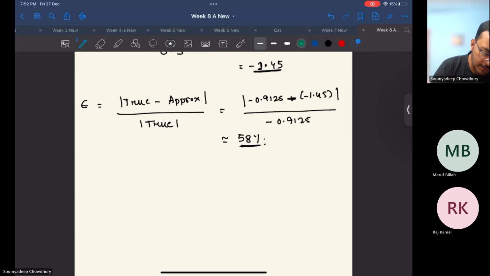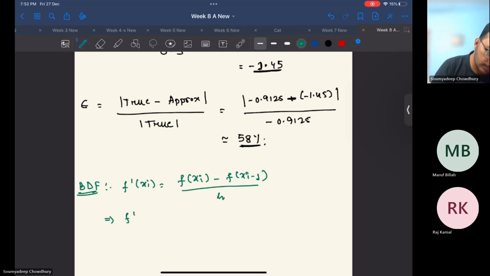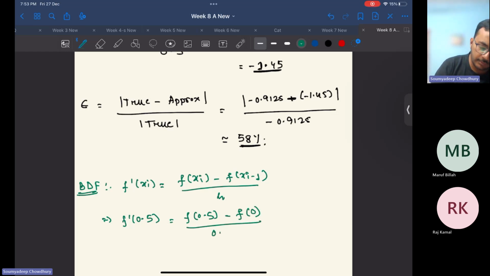Now we will see the backward difference. So f dash of xi, so here f dash of 0.5 is f of 0.5 minus f of xi minus 1, which is f of 0, upon 0.5.